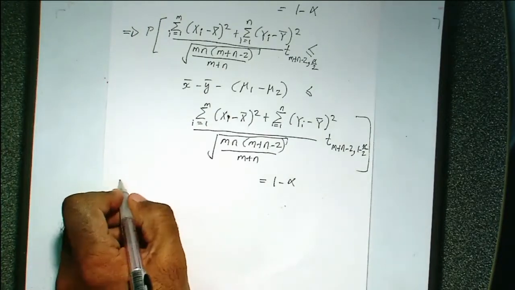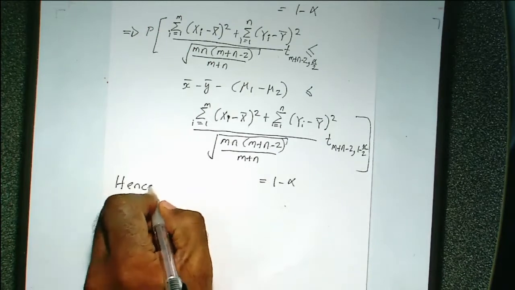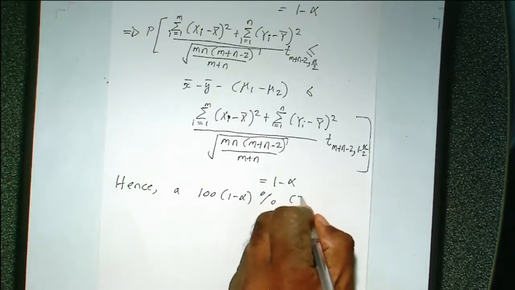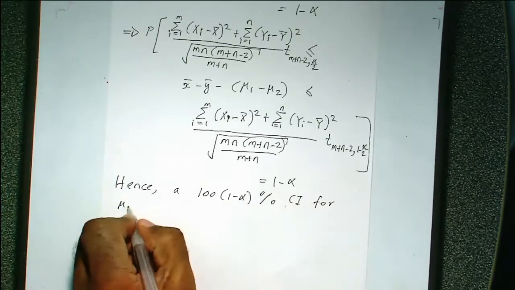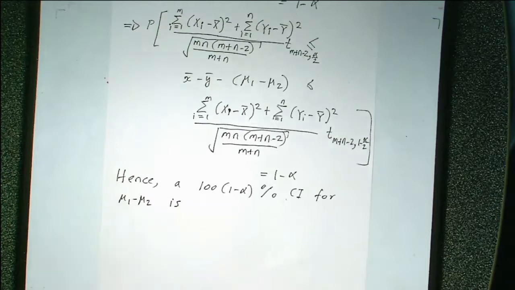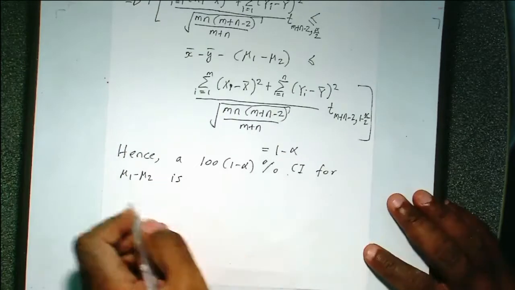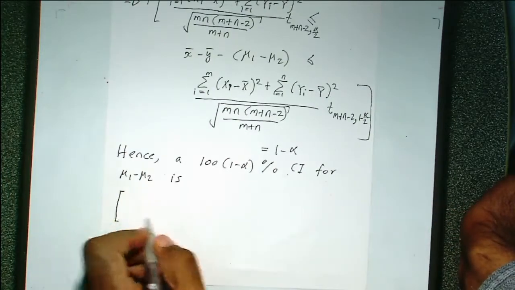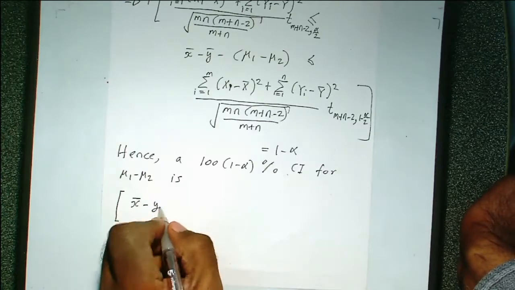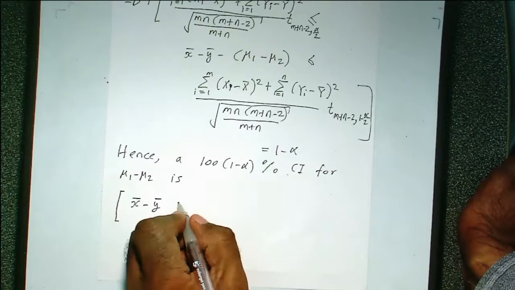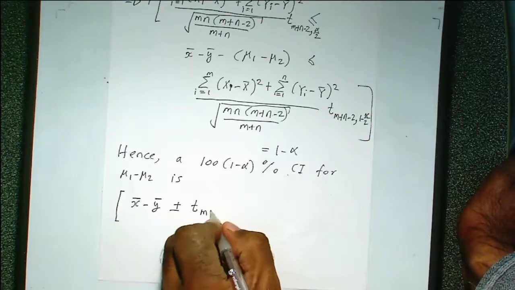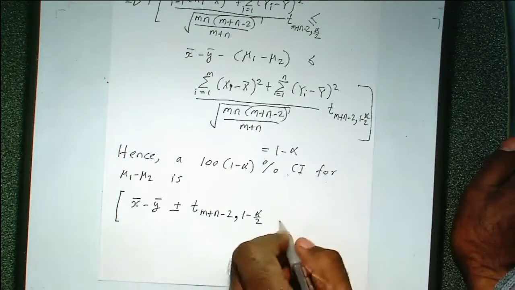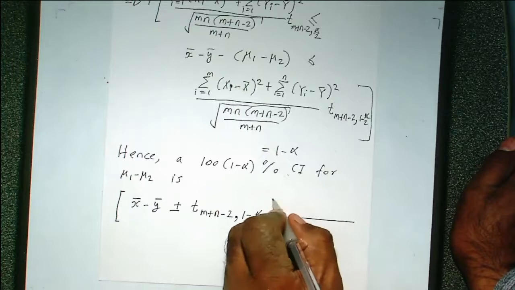The final answer will be the following. The 100 times 1 minus alpha CI for this is x bar minus y bar plus or minus t, right, and then multiplied by this expression here.